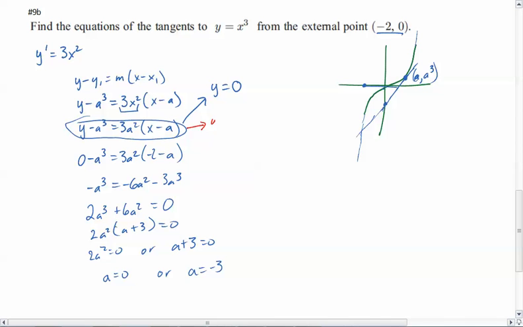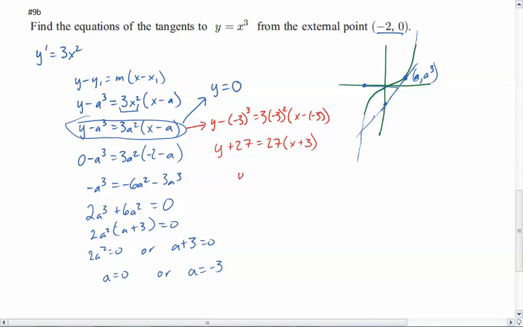The second possibility would be if a is negative 3. So y minus negative 3 cubed equals 3 times negative 3 squared times x minus negative 3. And so we'll have y plus 27, because negative 3 cubed is negative 27 and minus negative is positive, equals 3 times 9, which is 27, times x plus 3.